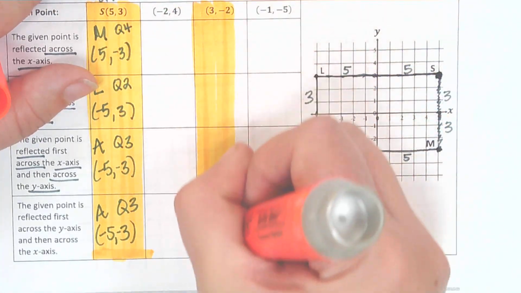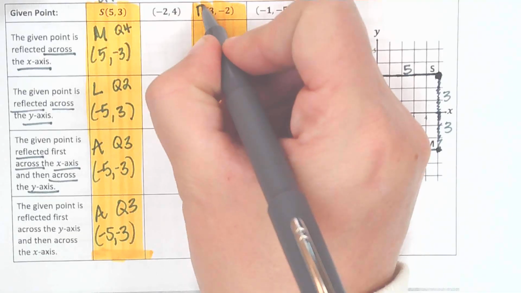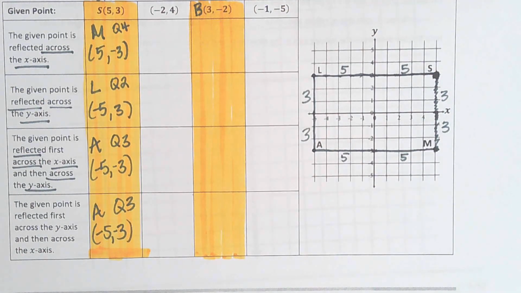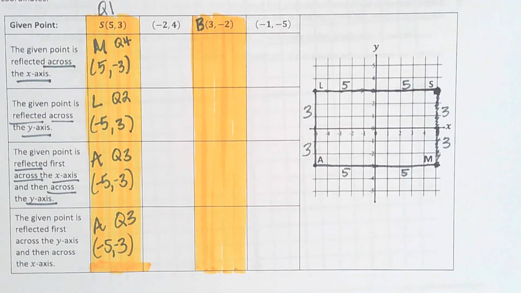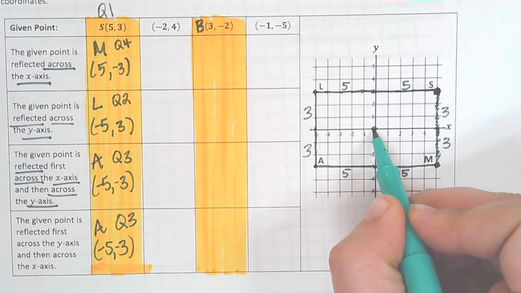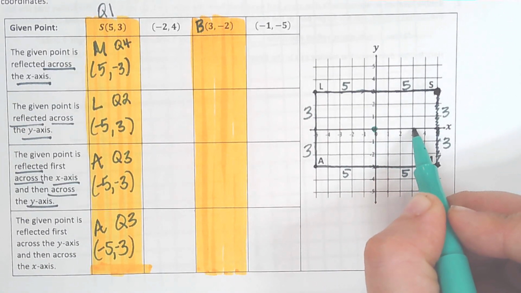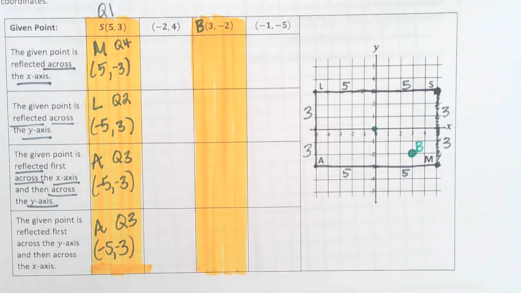So I want all of you right now to go find 3, negative 2, and label it B. To find 3, negative 2, I start at my origin, and I go to the right 3, and then I drop 2. What quadrant is that in? 4.